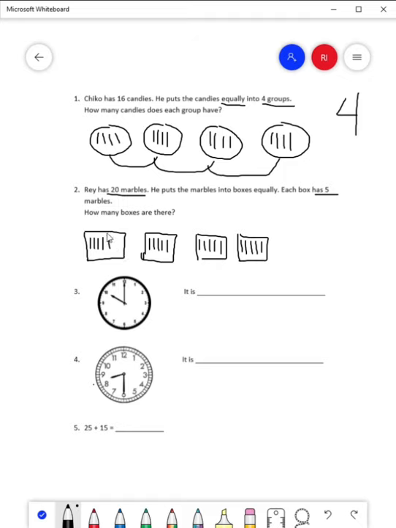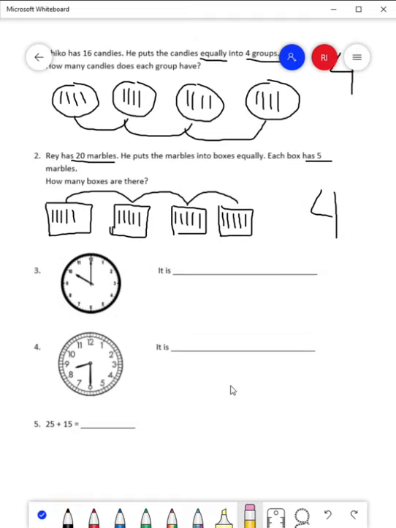So let's count how many boxes there are. 1 2 3 4. So there are actually 4 boxes. Okay, so let's move to the next question.